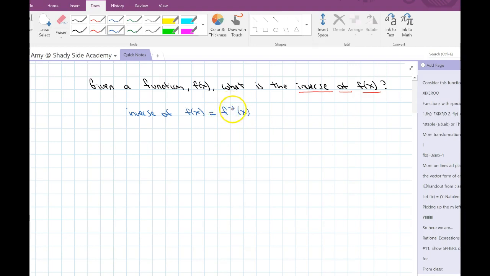This is just a way of saying the inverse of f, okay? Similarly, if we want to talk about the inverse of a function, let's call it g of x, we can say the inverse of g of x written out in words this way, or we can write this as g of negative 1 of x, okay? So notationally, you know now how to write the inverse of f of x, okay?